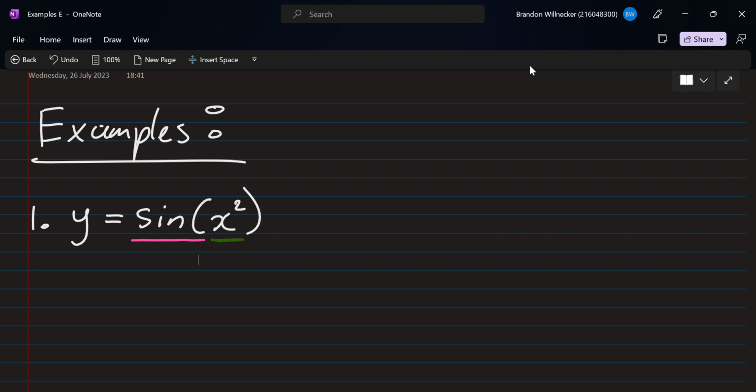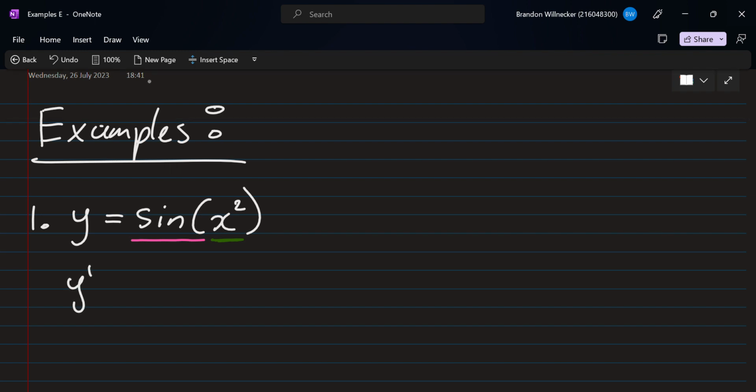So when we are applying the chain rule, when we're taking the derivative, we need to take the derivative of sine first, and then multiply it by the derivative of x squared. Okay, so differentiate the outside function, leave the inside part alone, multiplied by the derivative of the inside function. Okay, so that's what we need to do. Let's do that.